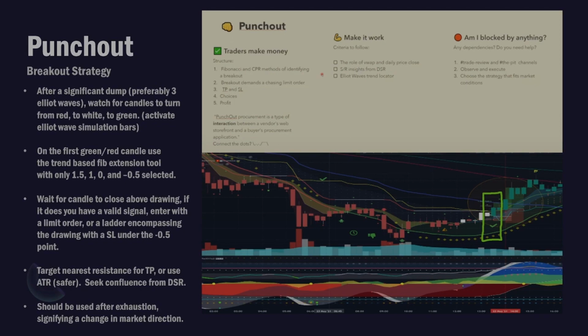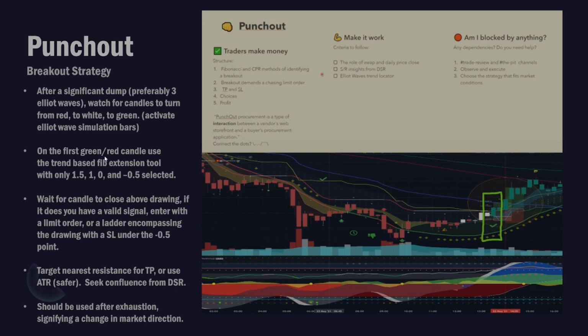If you see that happen again, another shift from red to white, and then it jumps down again, and you have that third wave where candles went from red to white, and then back to red, after 3 of those waves, I think that constitutes the most valid signal that you've actually completed that pattern. I could be wrong on that, but I do remember that there was something outlined specifically about the Elliott waves.